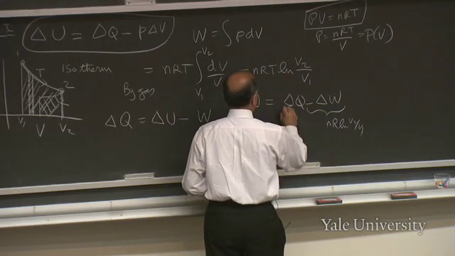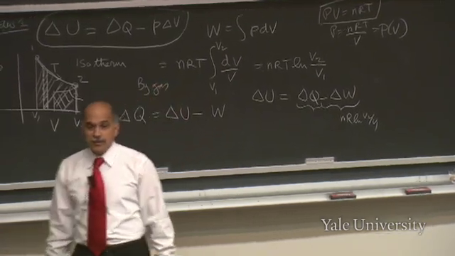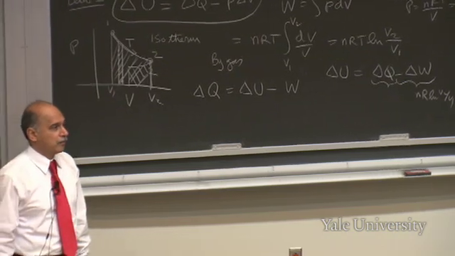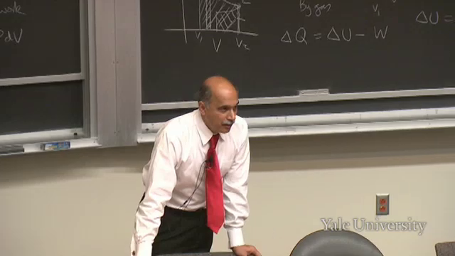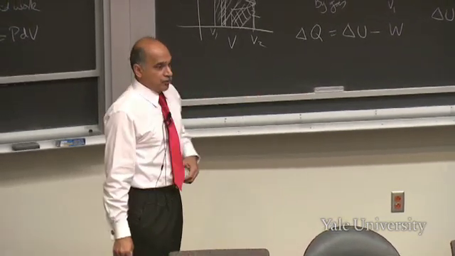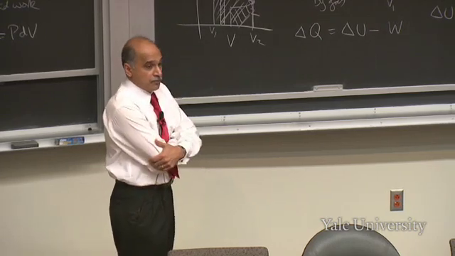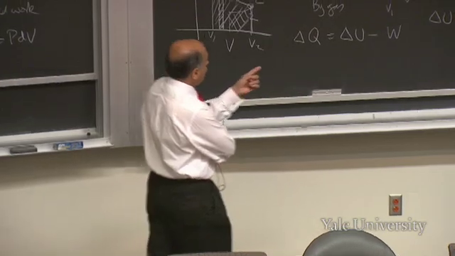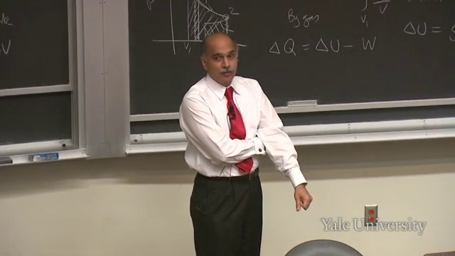What is delta Q? How much heat has been put into this gas? How do I find that? Pardon me? For the heat input, you mean? Yeah, you can use MC delta T, but you don't have to do any more work. By that I mean you don't have to do any more cerebration. What can you do with this equation to avoid doing further calculations? Do you know anything else?